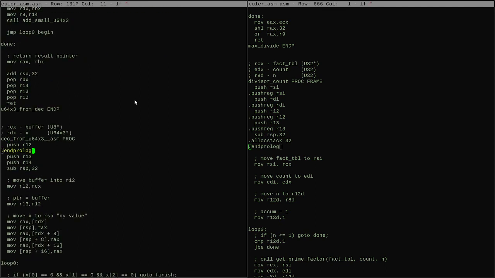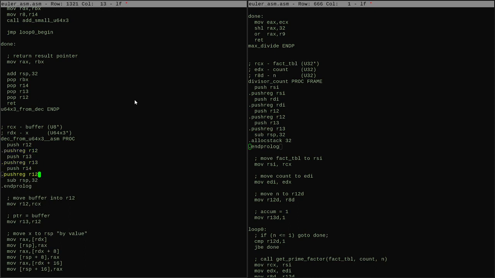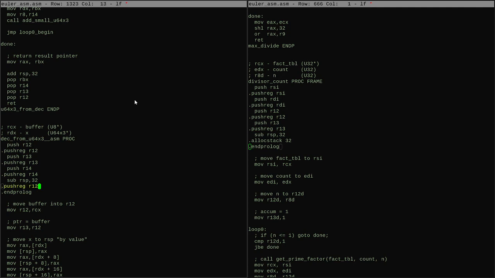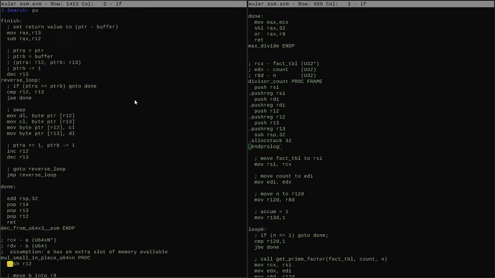Push. Okay, we're gonna put that there, there, and there, push.